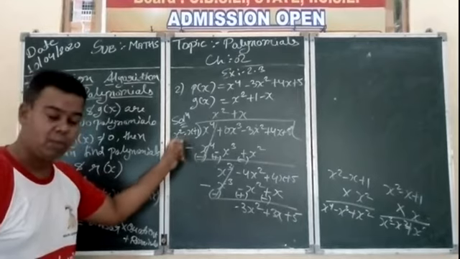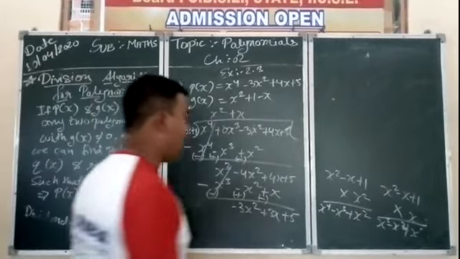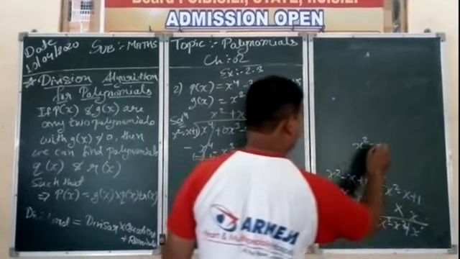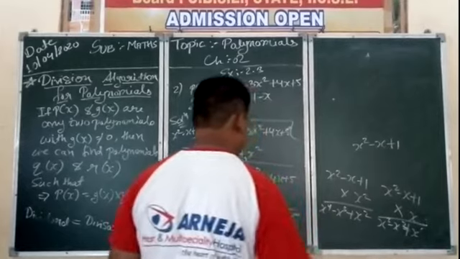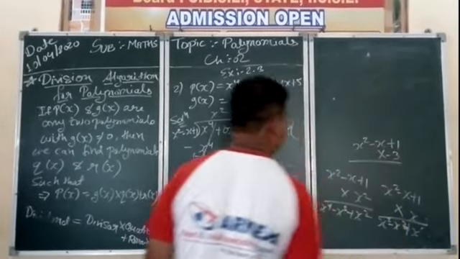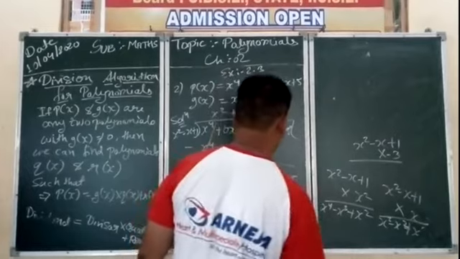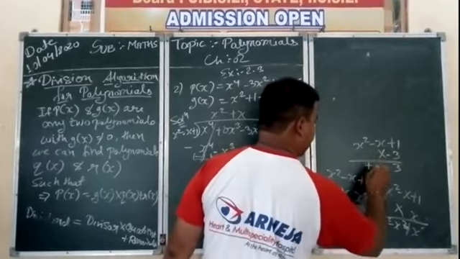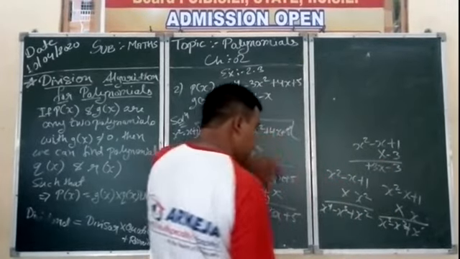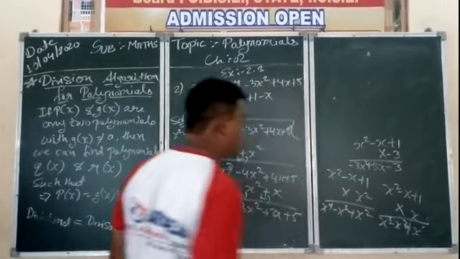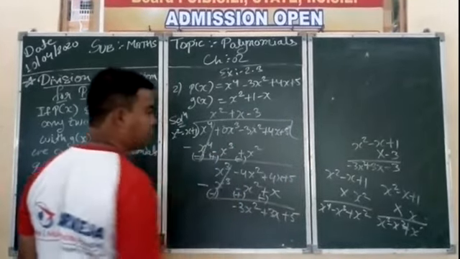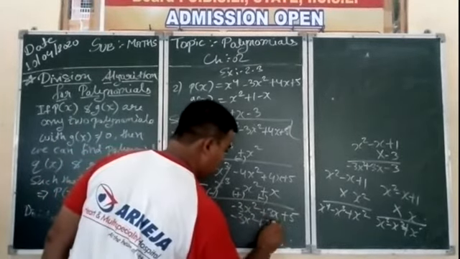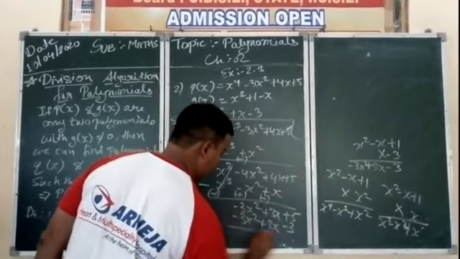Now the first term is minus 3x square. Again it is divisible by our divisor, so again we multiply x square minus x plus 1 by minus 3, because we want minus 3x square. So minus 3x square plus 3x minus 3.